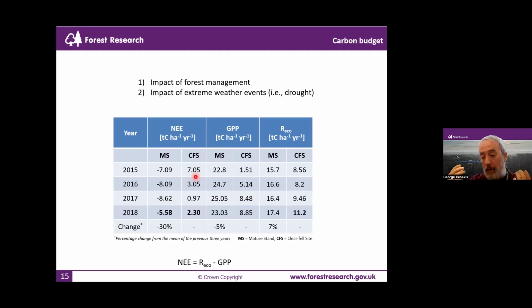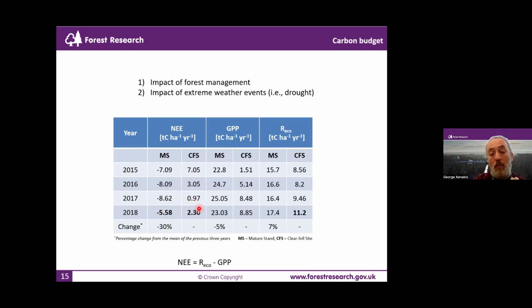But we were very unlucky in that sense because we got the 2018 drought, which wasn't planned, but it allowed us to see the impact of natural extreme events such as that one. When we look at the values, we saw a significant drop in the carbon absorption by the forest ecosystem, by the mature trees.